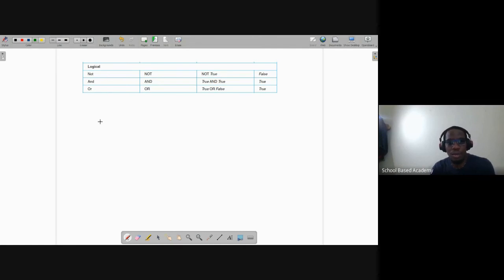So we have here a variable. If I have bool A, then the potential values of A could be 0 or it could be 1. This is a truth table here. If I have not A, then if A is 0, not A would be 1. If A is 1, not A is going to be 0.